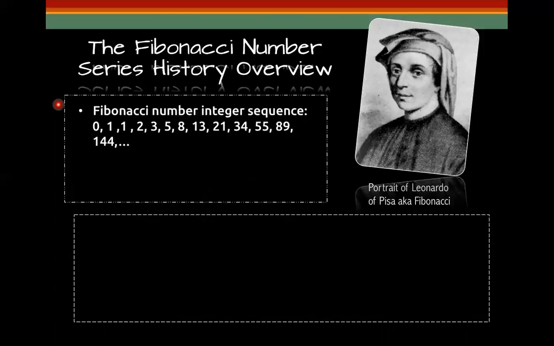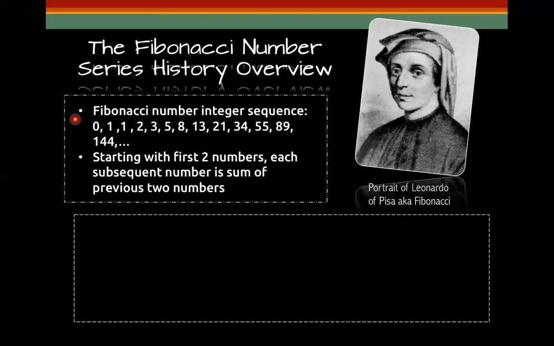The Fibonacci integer sequence, again, is 0, 1, 1, 2, 3, 5, 8, 13, 21, 34, 55, 89, 144, and there are actually contests where people memorize these numbers and see how far up into the sequence they can go. Pi is another number that people like to have contests with. I have a friend that can recite hundreds of numbers in pi.